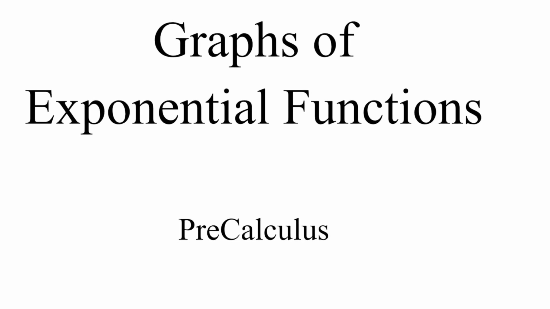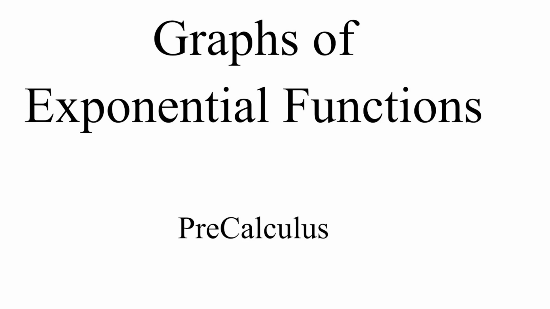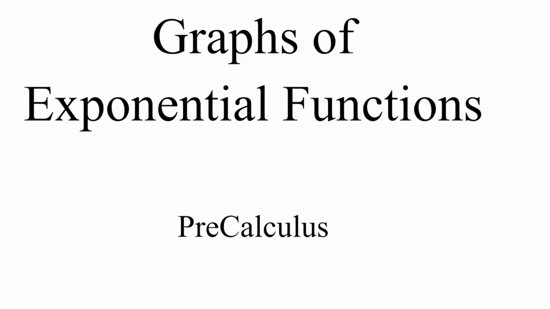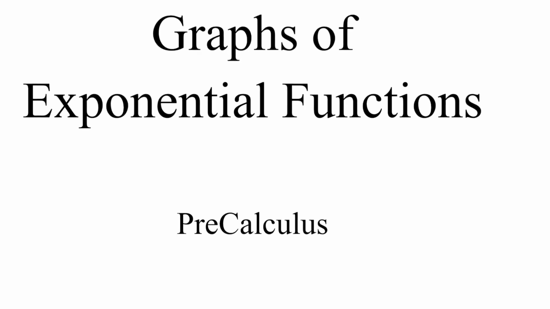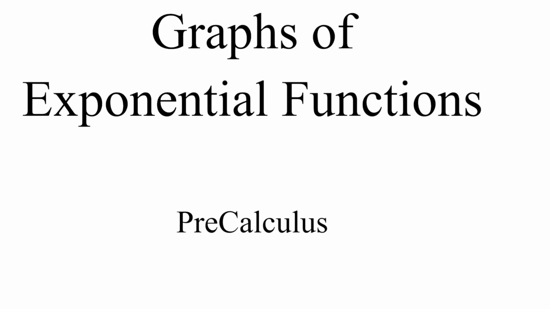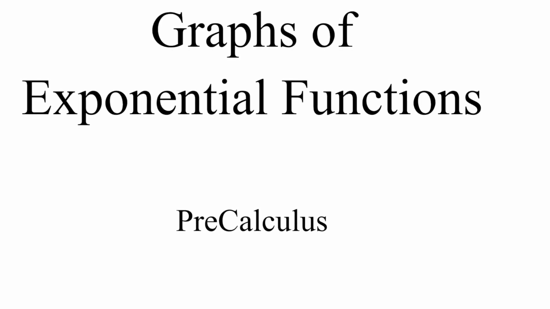Employing exponent rules, we could rewrite this as f of x plus 4 equals 3 multiplied by 2 to the x plus 4 power equals 3 multiplied by 2 to the x power multiplied by 2 to the 4th equals 48 multiplied by 2 to the x power.